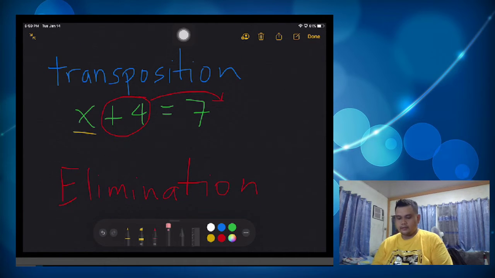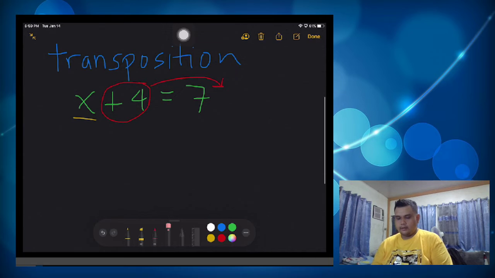Okay, leaving x alone on one side. So what's happening here is that once positive 4 is transferred to the other side, you are going to change it to the opposite sign.